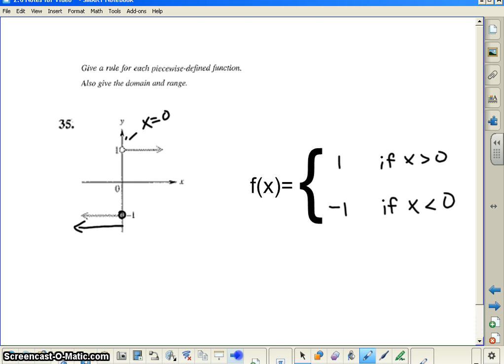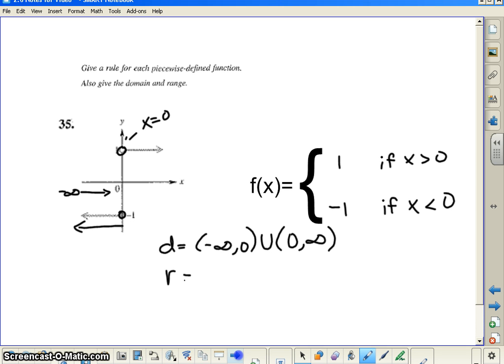Okay, the domain here, if I start here at -infinity, once I get to 0, there is a hole in the graph. 0 is not equal to either one of these graphs, so my domain is going to be -infinity to 0, union 0 to +infinity.